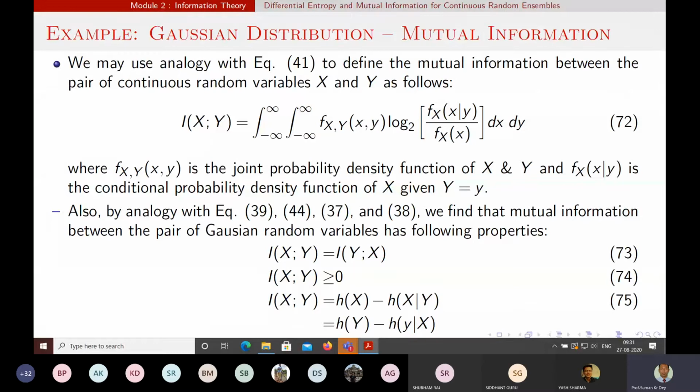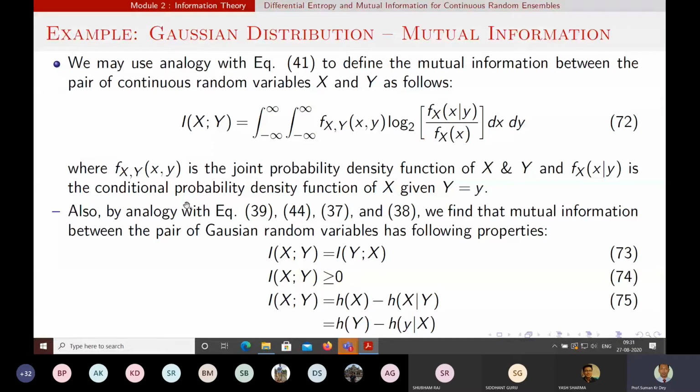Okay, now the mutual information. We already know the expression for the mutual information in equation 41. So from the mutual information, we can write that expression when we take two continuous random variables x and y, where f of x comma y is the joint probability density function of x and y, and f of x given y is the conditional probability density function of x given y equal to small y.